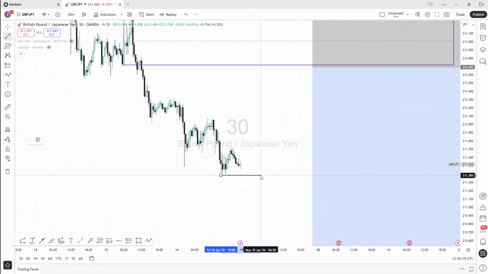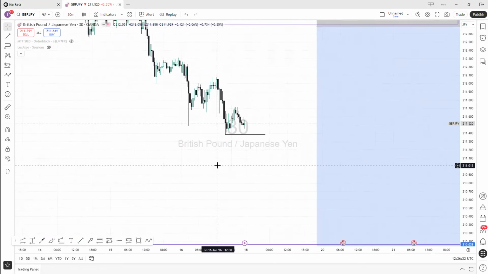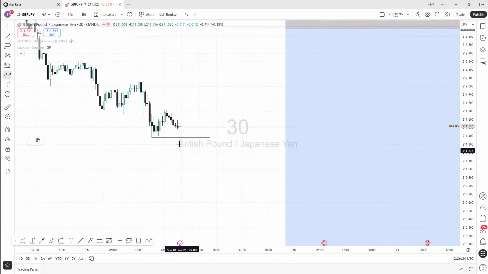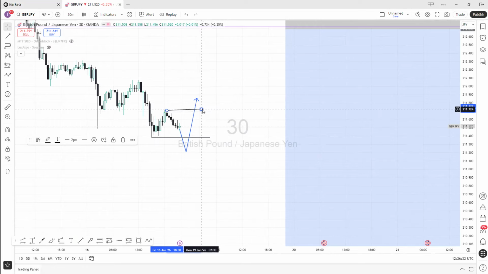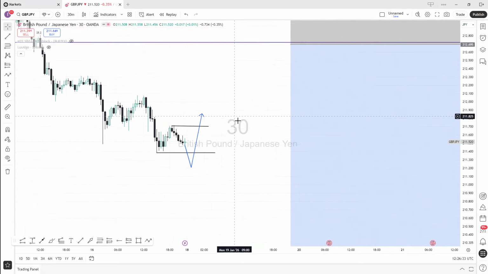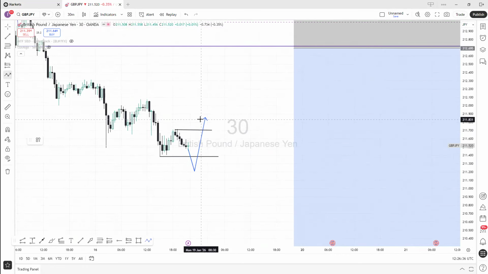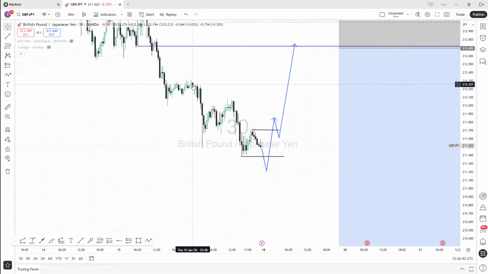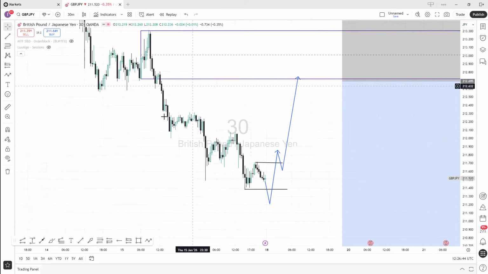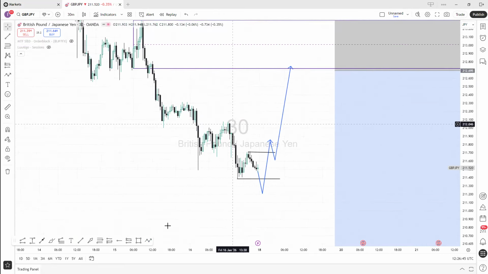Your duty is to wait. Wait for the liquidity sweep over here, where you have that liquidity, and then wait for a break of that previous high. When price breaks that previous high, it will create a 30-minute market shift, and then wait for it to retest, and execute a buy. Your target will be that 4-hour supply.